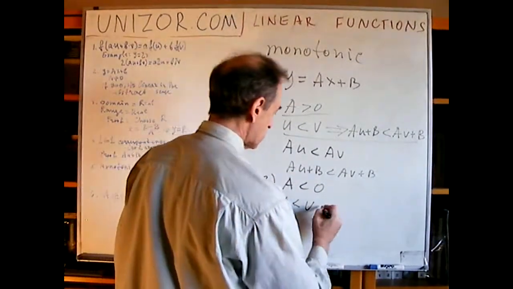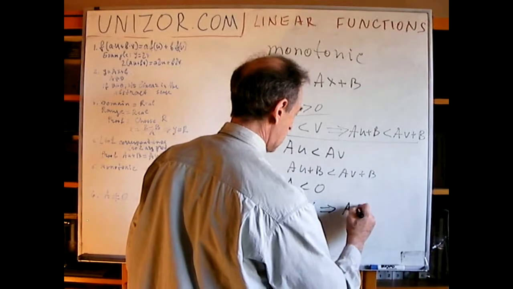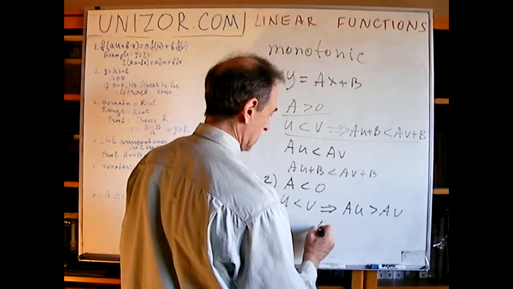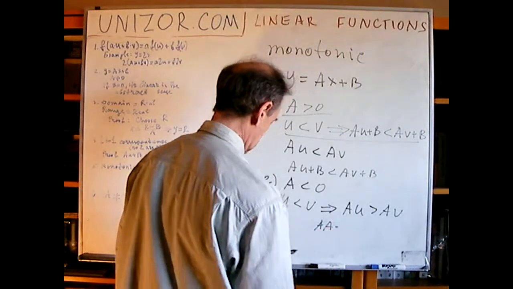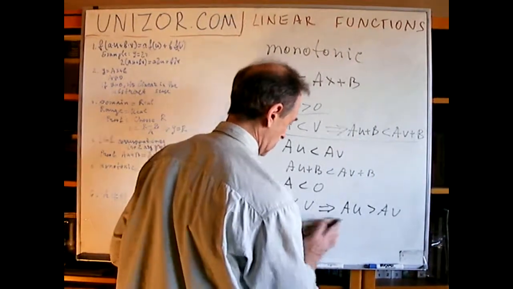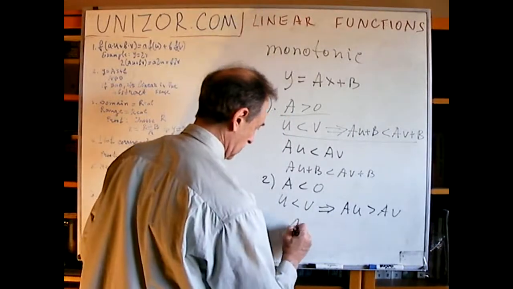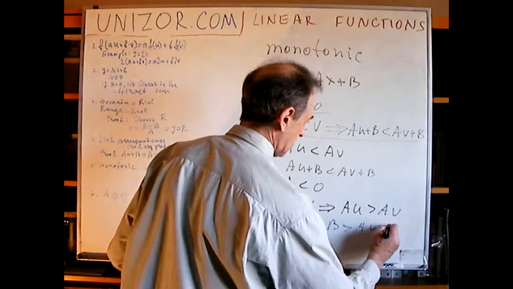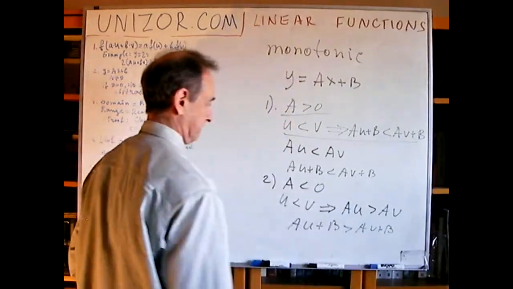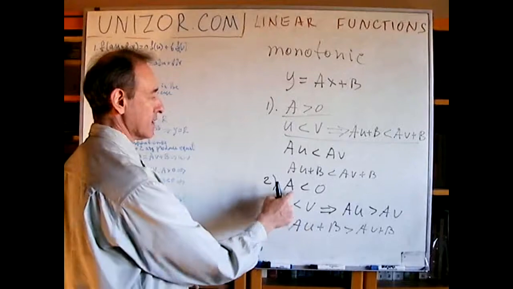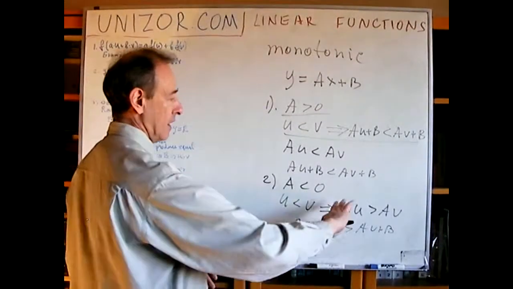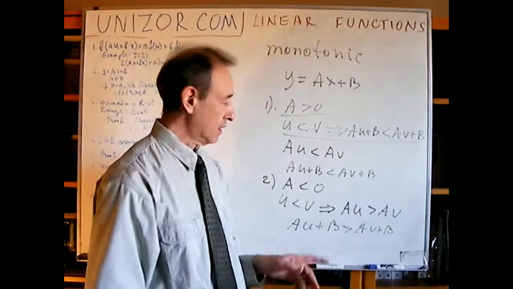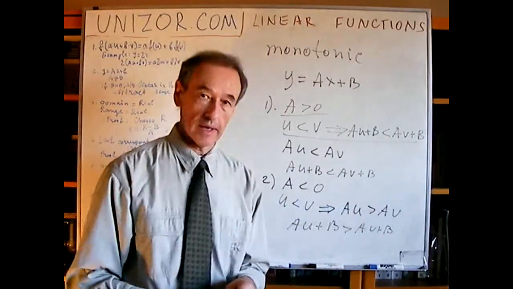So from this, next is au is greater than av, and then au plus b would be greater than av plus b. So what's important here is, if a is negative, then the inequality is flipped whenever we multiply by the number a.